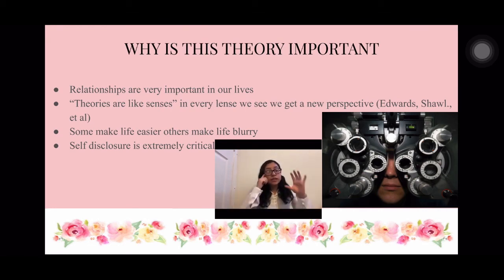The eye doctor will show you different lenses, and you choose the one that's best for you, or that's going to help you see more clearly. This is how I view the social penetration theory, that it's going to help you in the long run, and it really just depends on how you see your own relationships or how you usually see them form.